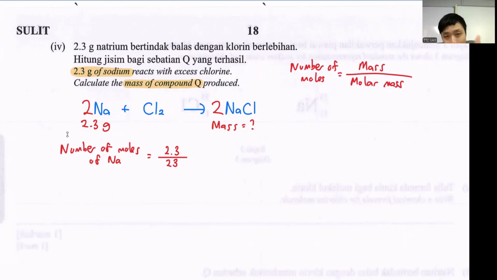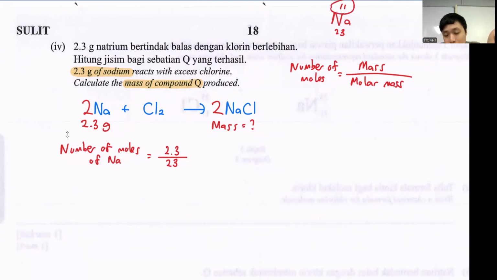For those who don't know the periodic table, you see an element with two different numbers. The molar mass is always the bigger number, or call it nucleon number, the RAM, the relative atomic mass.